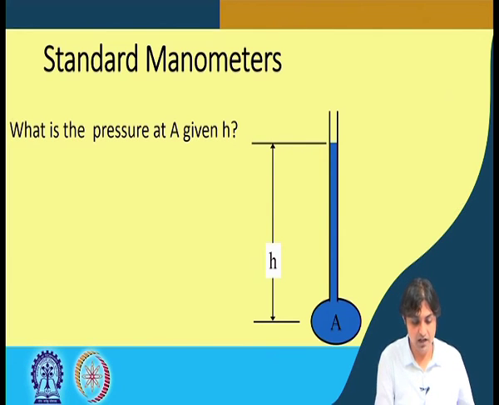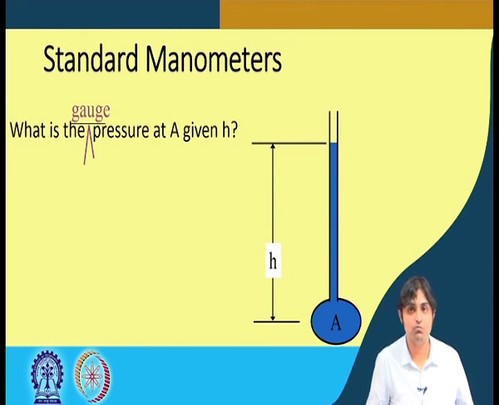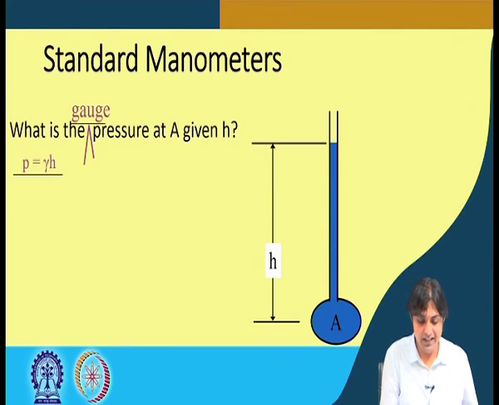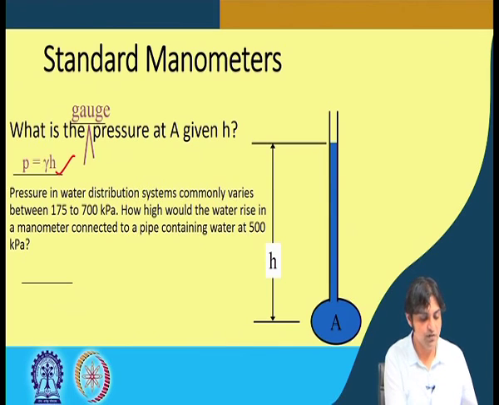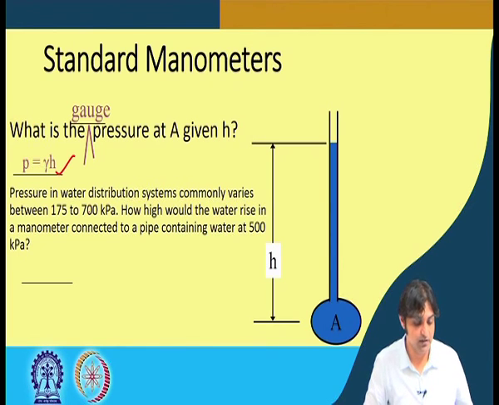If we are asked what is the pressure at A given the height, more importantly, we should mention what is the gauge pressure, because gauge means we are not counting the atmospheric pressure. So P can be written simply as gamma into H, right. Pressure in a water distribution system, for example, commonly varies between 175 to 700 kilopascals, right.